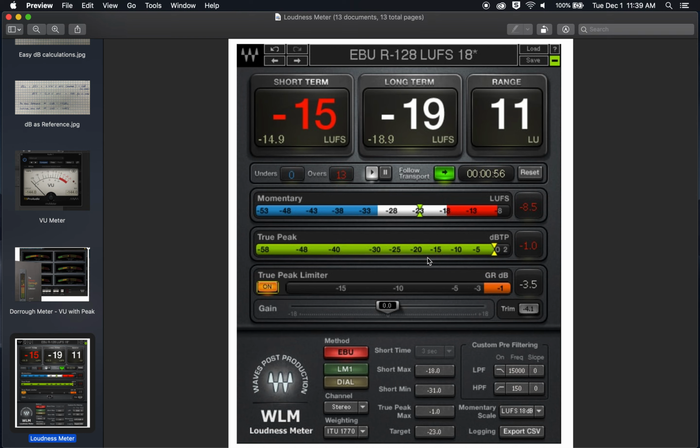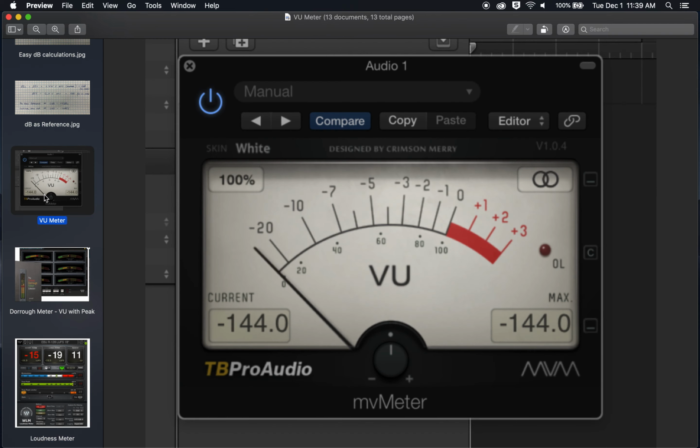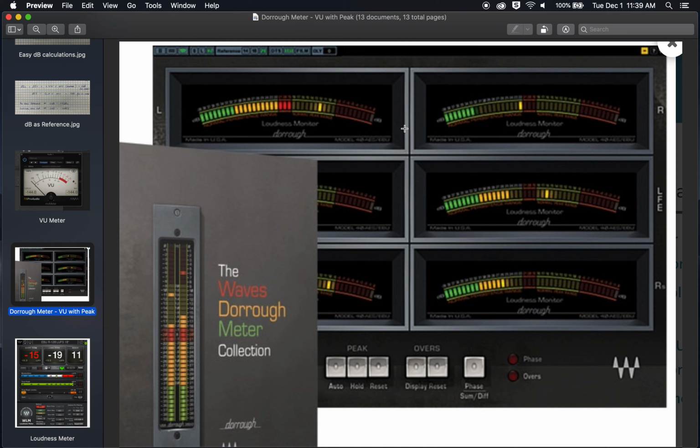And as far as which meters are useful, like so many different things we've talked about, a lot of it's personal preference, whether you like these older style VU meters or the Dorrough meters that are essentially just a VU meter with a peak reading on it. Some of it's personal preference, some of it's dependent on the purposes you're using it for.